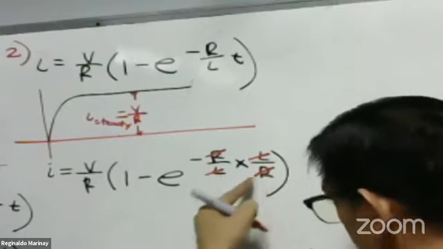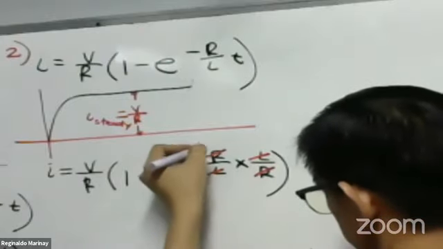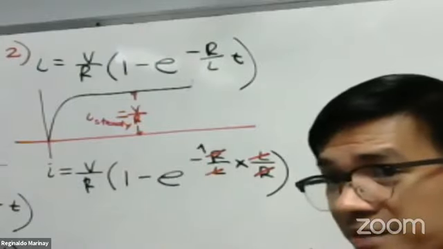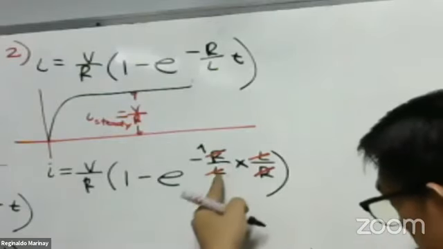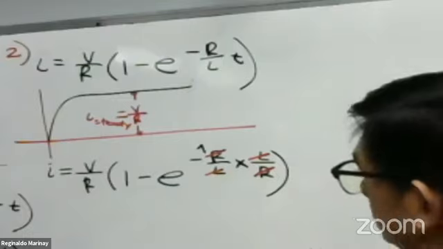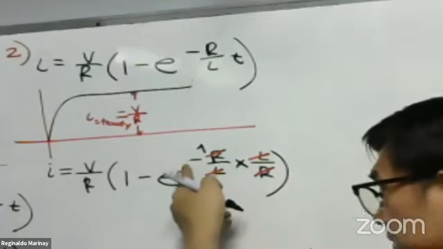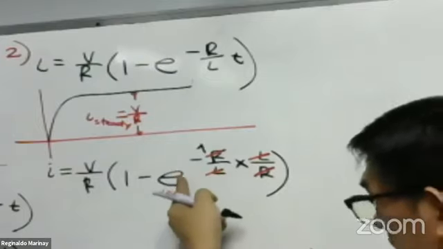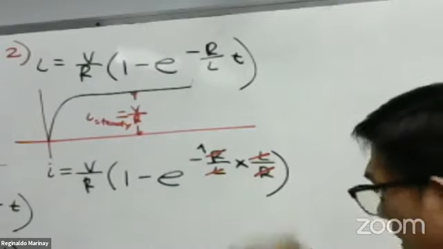It will give you a value of negative 1. Did you get that? Therefore, the exponent of e here is not 1, it should be negative 1.